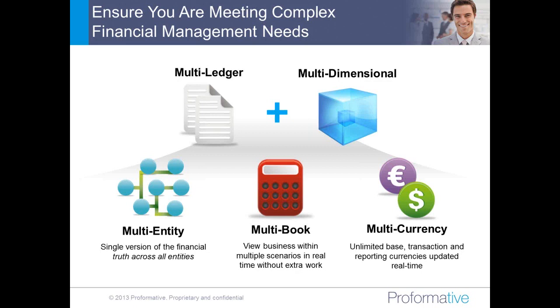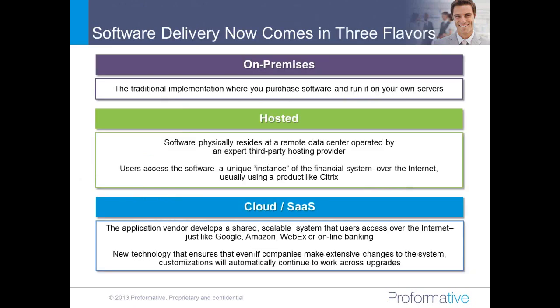So being able to have a single version of the financial truth across all entities becomes very important. And then multidimensional, so that you can post transactions by dimension, whether that's customer or vendor, project, employee, or the like, and be able to report on those data in whatever way you feel like.